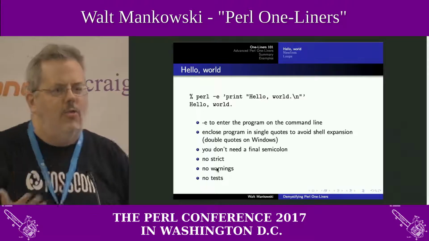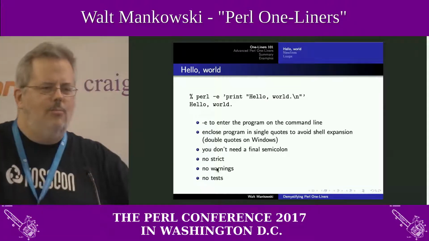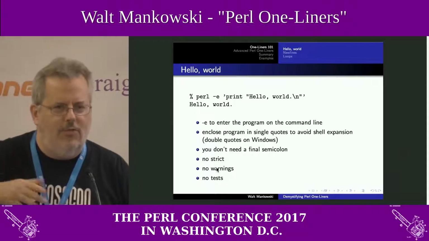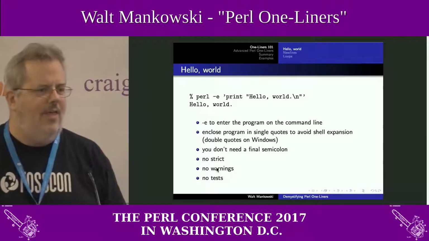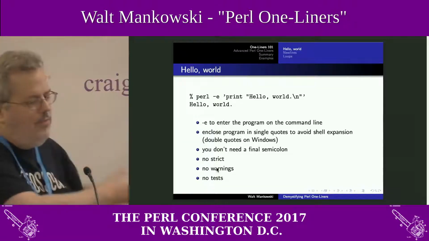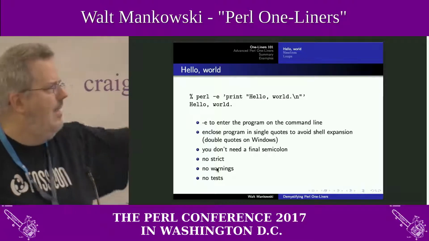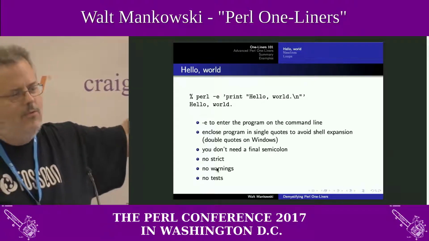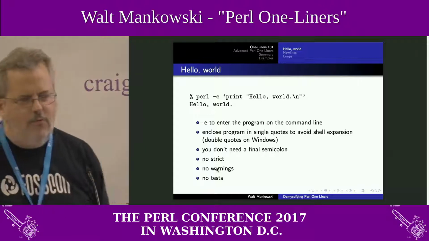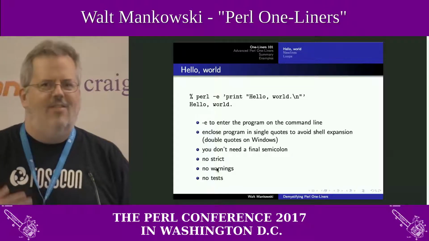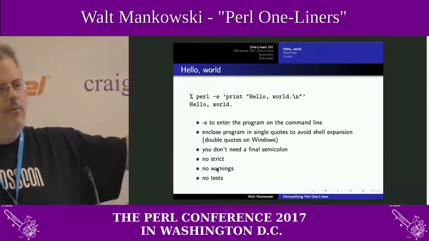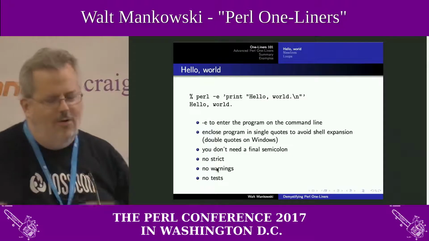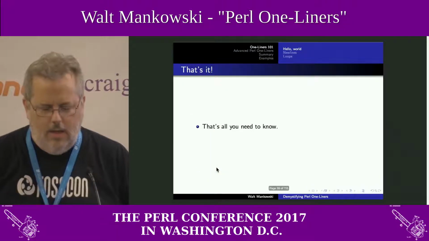But most of the things I'm going to show you are things I just put together at the command line to do a single thing and then forgot about. In that case, you can see the entire program right there. So often I'm not going to be using strict or even declaring my variables. It's not to say those aren't good things, and in a bigger program you want to use them, but for a one-liner you can often just skip them.